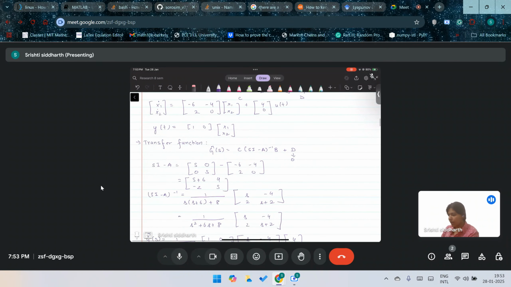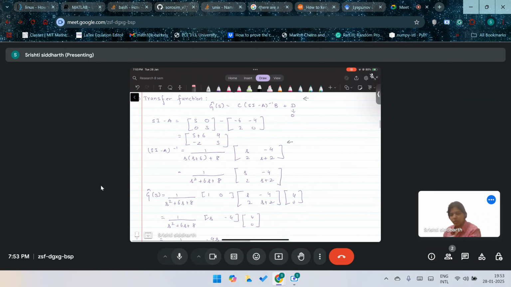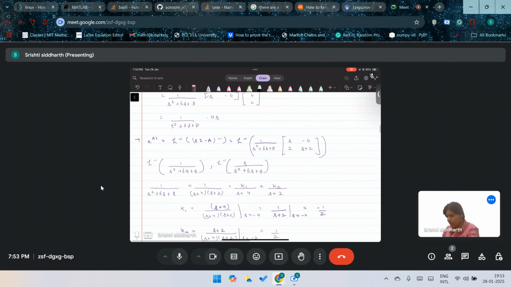Alright, so we looked at how to compute the transfer function, and we also looked at how to compute the inverse of a simple square matrix of dimension 2. Then we saw how to get the state transition matrix for the LTI system. That is simply the Laplace inverse of sI minus A inverse.